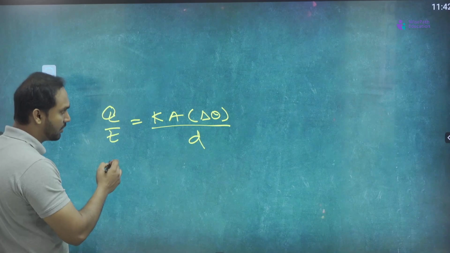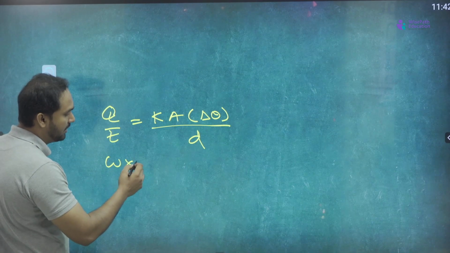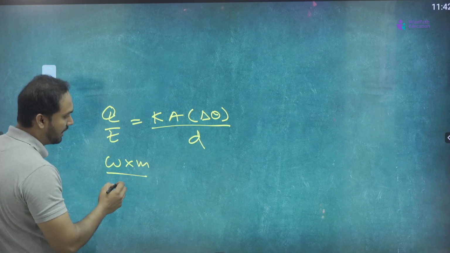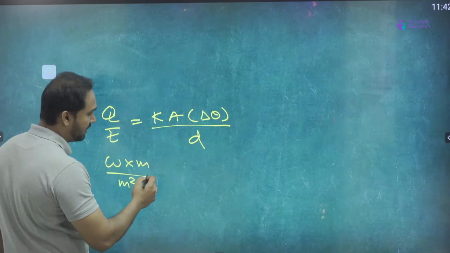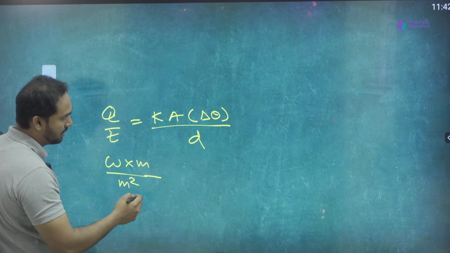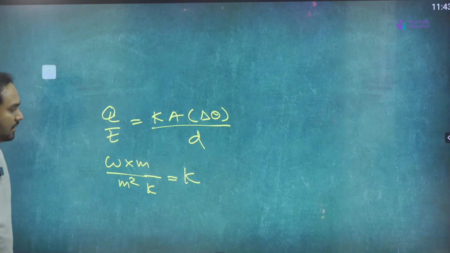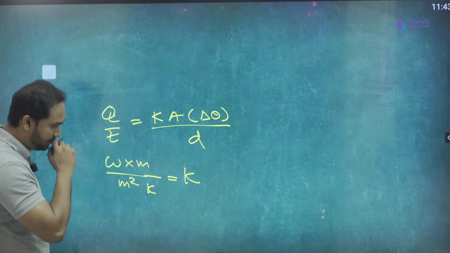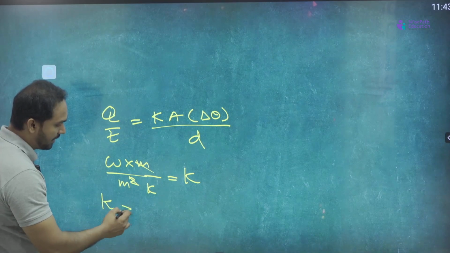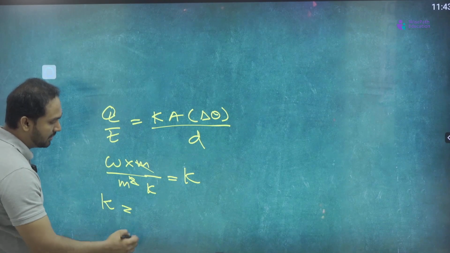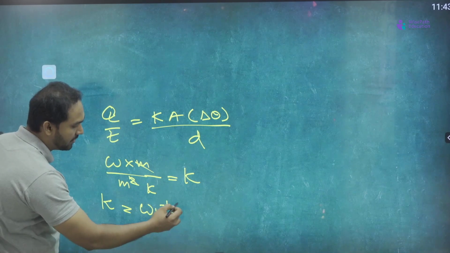It's in watts. Multiplied by D, that is in meters, divided by A, that is in square meters, and divided by the temperature, that is in kelvins, equals K. Now these are the units. M to M cancels out. So K, the conductivity constant, is watt per meter per Kelvin, isn't it?